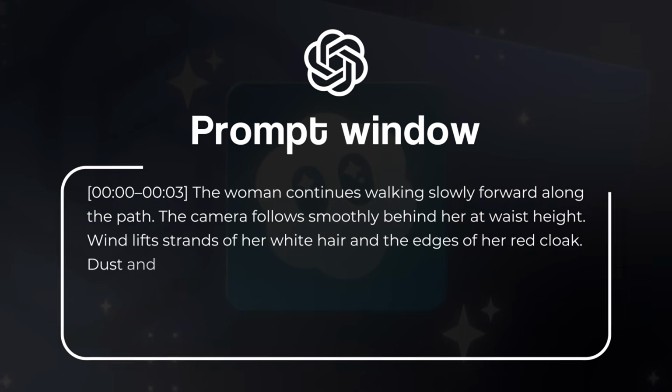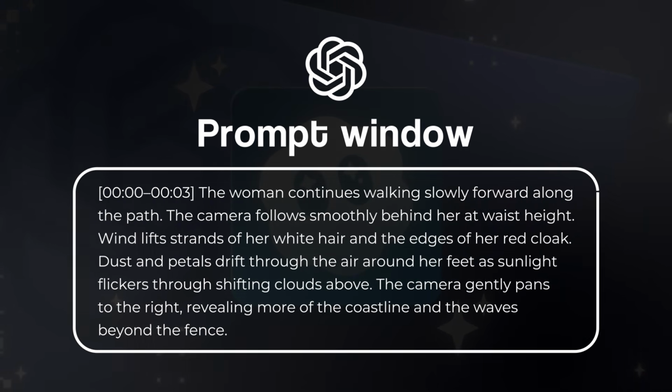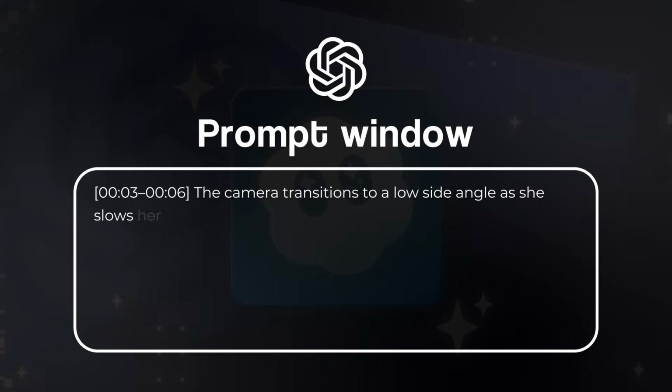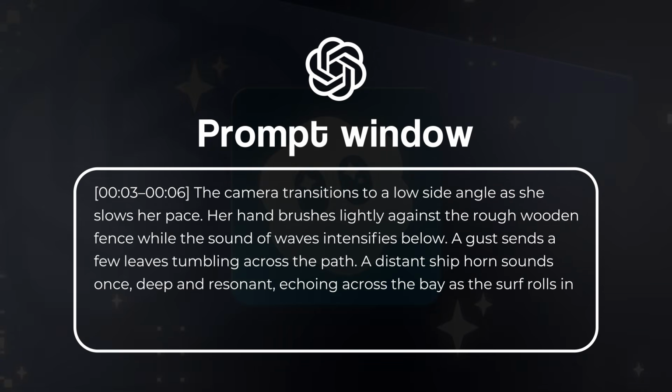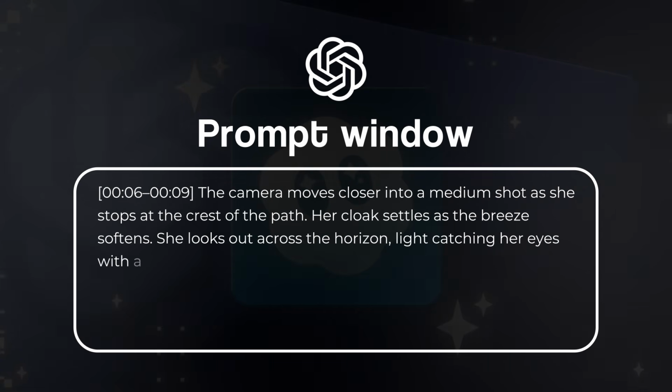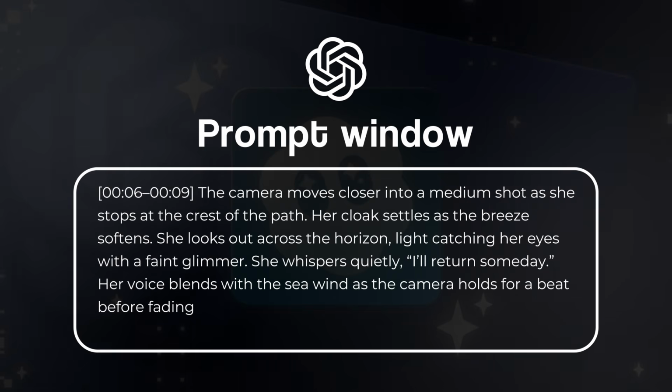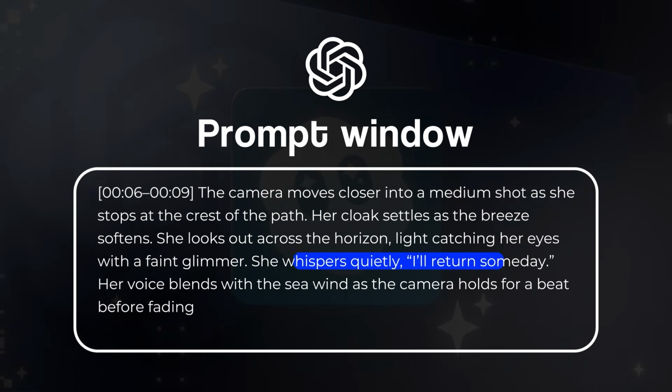Here's an example you'll see here where we are able to break out, hey, the woman walks along the path, the camera follows smoothly behind her, we transition to looking at the fence, her hand touches it, and then we show a medium shot of her face where she looks out against the horizon and then quietly whispers, hey, I'll return someday. If you'll notice here, we can use these timestamps within the shot composition to direct how and when these shots happen. We'll get more into that later.